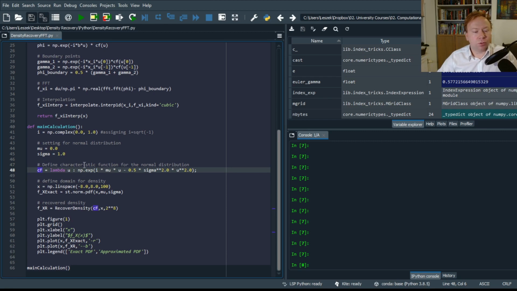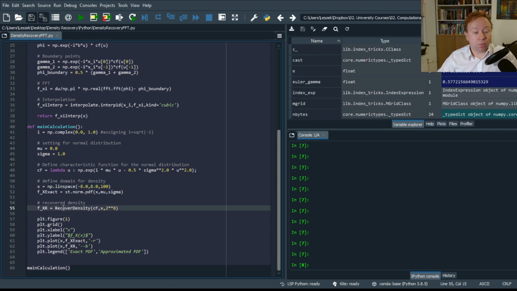It's a function holder, an exponent, and this is the formula that we have just seen in the slides. Here we define a domain. So given this distribution, normal PDF, this is what we would like to see. We specify that we would like to see the PDF in the range from -8 until 8. So this is the input that we see. And given this input, we would like to recover our density.